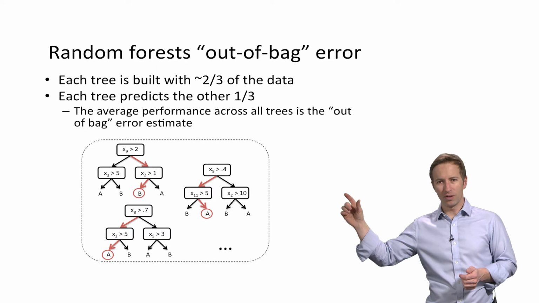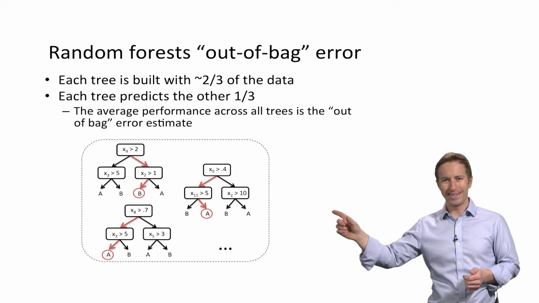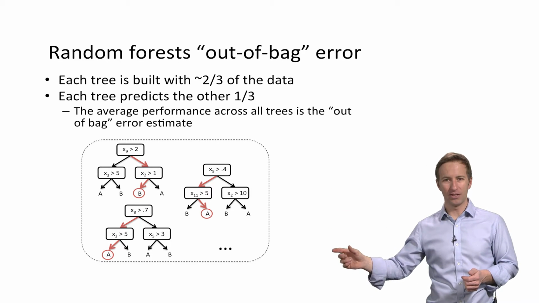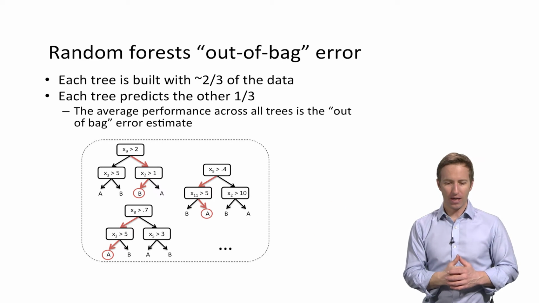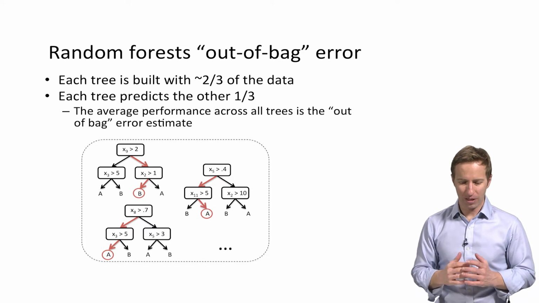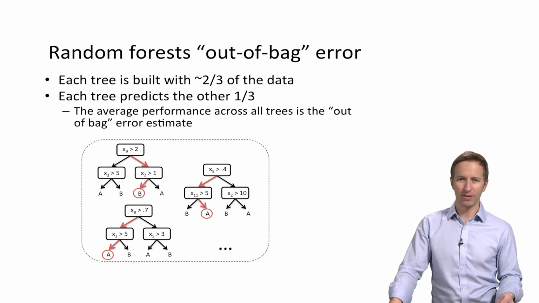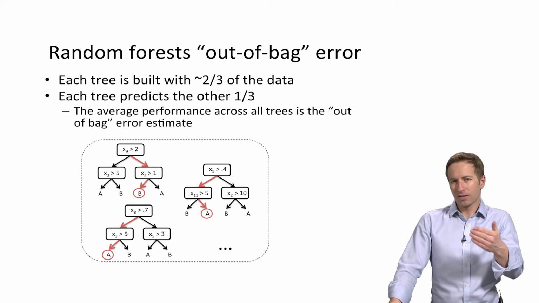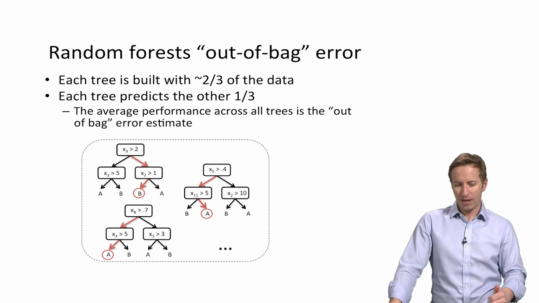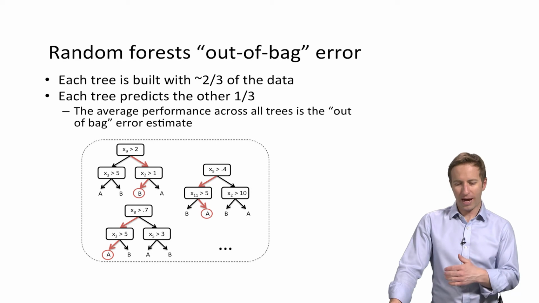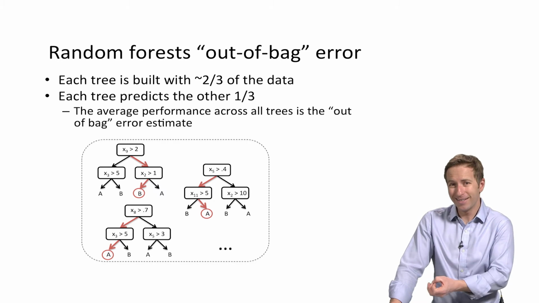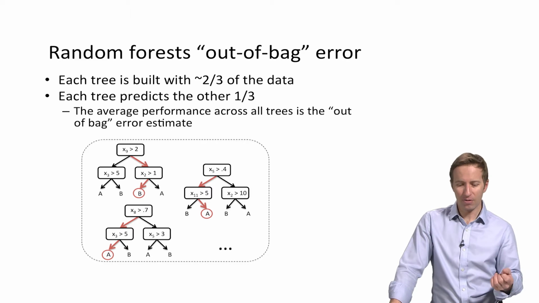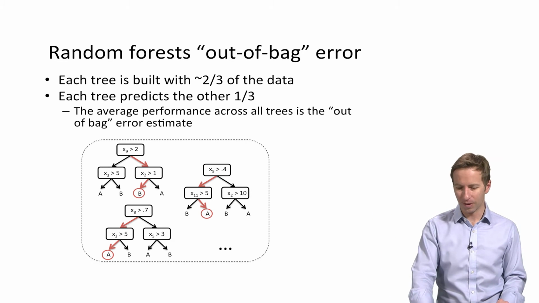You go to just the decision trees that never had that sample in their training data and let them predict that sample. Because each tree is only built with about 2/3 of the data, it gets to predict the other third of the data. And you just average the performance of all of the trees for predicting only the samples it didn't see during its training, and you get a good error estimate. This is called the out-of-bag error estimate.